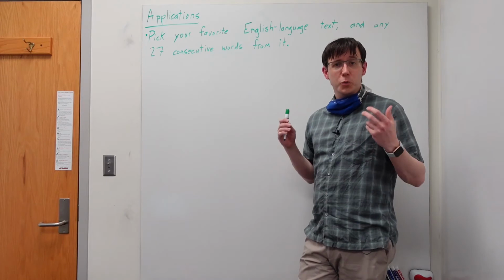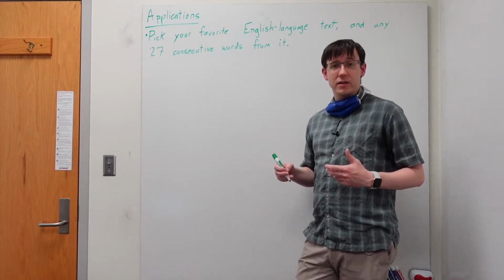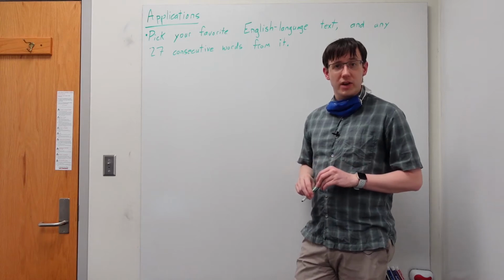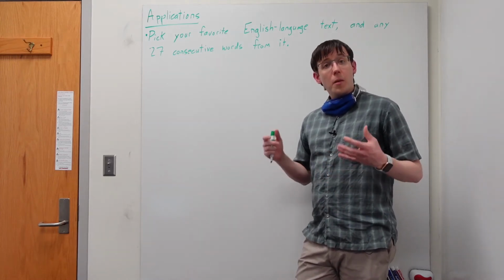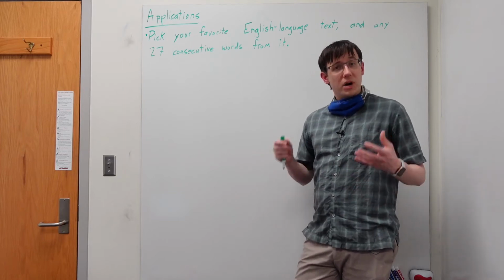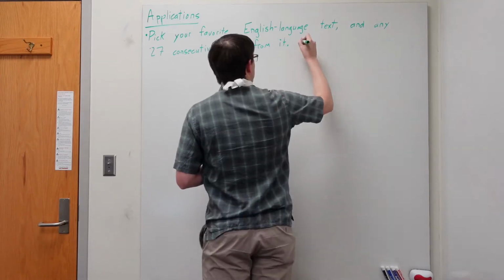If I asked you to pick out 27 words from your favorite text written in the standard English character set, then if we think about what letter those words start with, among the 27 words, it must be the case that at least 2 words start with the same letter.